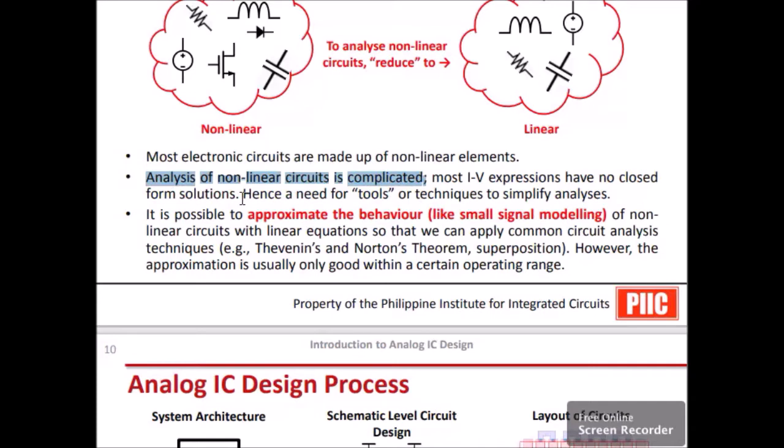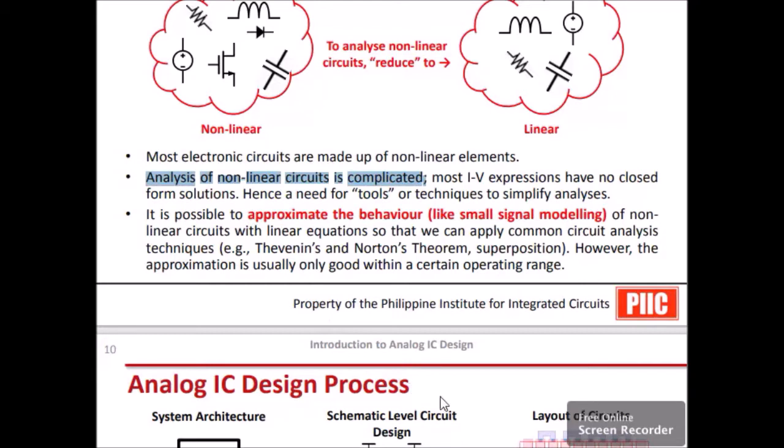Hence, we need tools or techniques to simplify the analysis. To analyze a circuit with nonlinear elements, we need techniques to simplify it. It is possible to approximate the behavior of nonlinear circuits with linear equations so that we can apply common circuit analysis techniques.